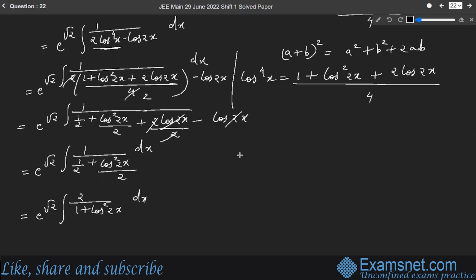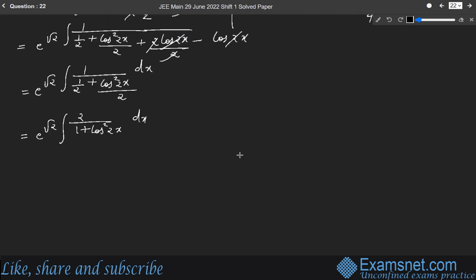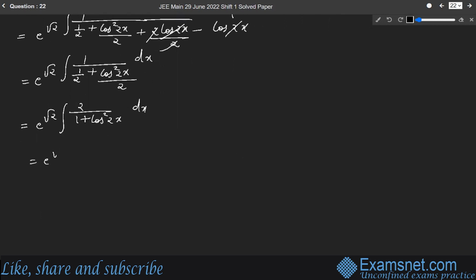Okay, now if we divide both the upper part and the lower part, that is, if we divide the numerator and denominator by cos square 2x, it will be equal to e power root 2 into integral of sec square 2x divided by 1 plus sec square 2x and dx, and 2 will be a constant, so it will be outside, so it will be root 2 into 2.